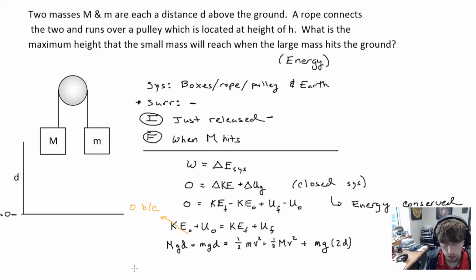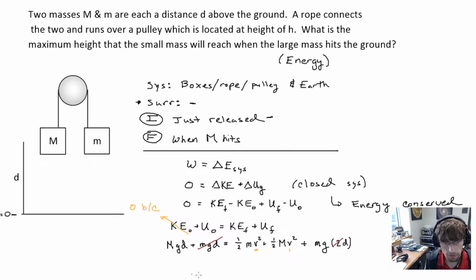Well, now all we need to do is solve. You notice we need to simplify and get the speed by itself. You notice mg2d, mgd, so, oh goody goody, at least one. This will cancel, and there goes the 2.